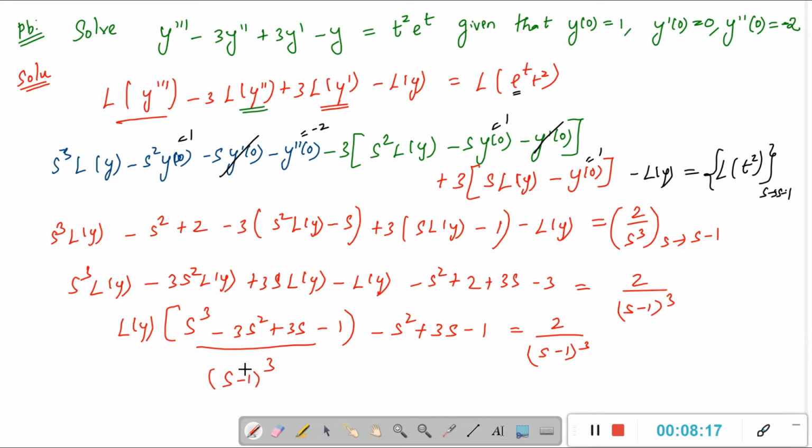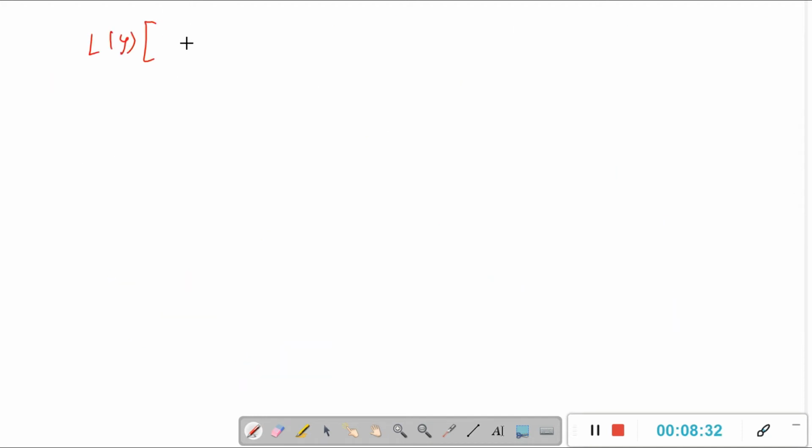This is the formula for a minus b whole cube, so directly I am applying it, simplifying this term as s minus 1 whole power 3. So s minus 1 whole power 3 equal to 2 by s minus 1 whole power 3.